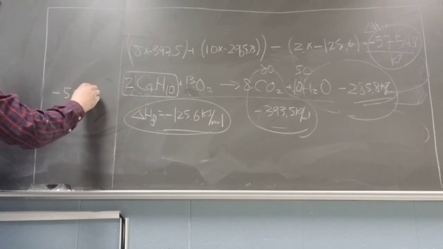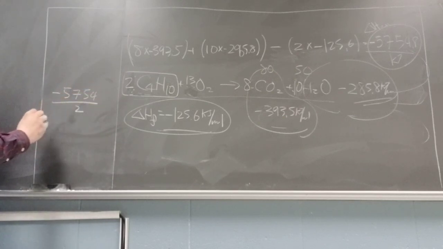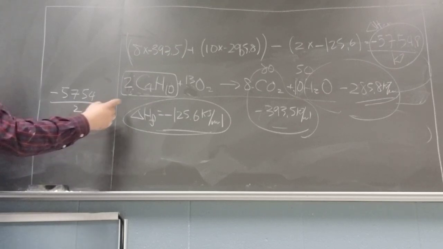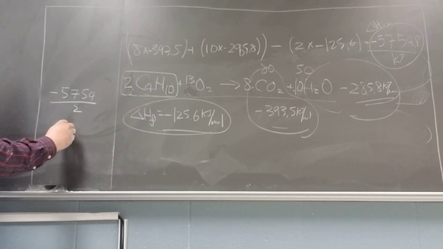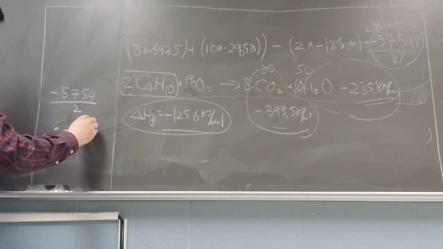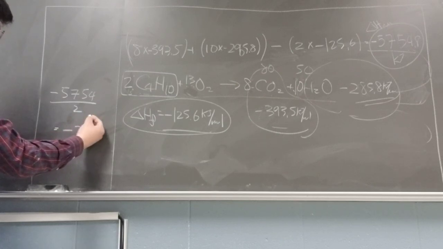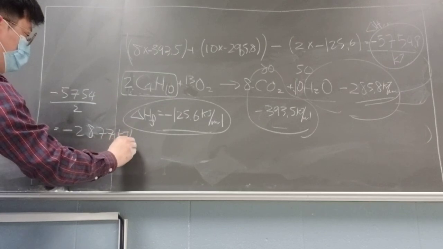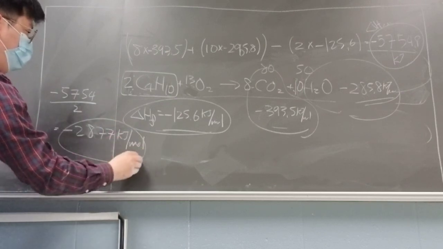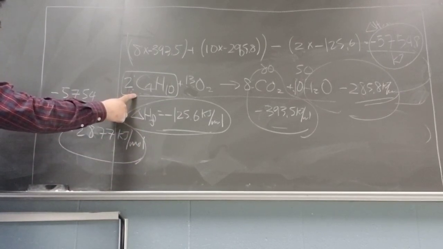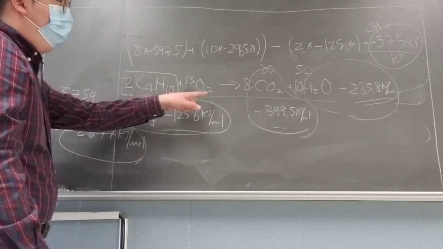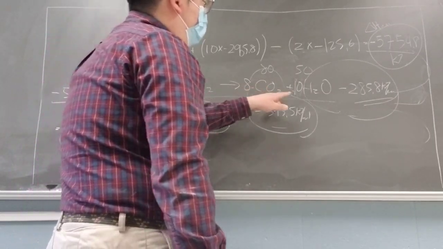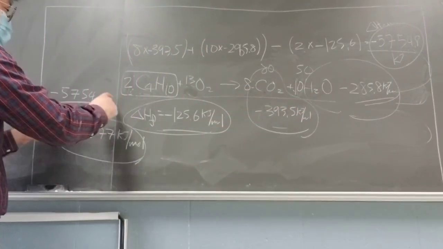So the butane enthalpy of combustion will be -2,877 per mole for butane. For oxygen, carbon dioxide or water, you should divide by that coefficient number.